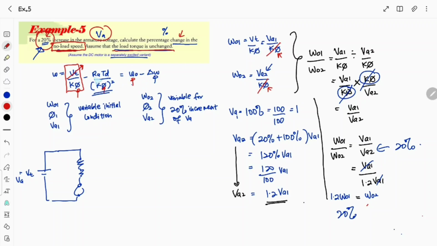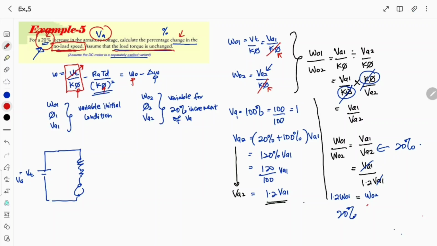So when this 20% increment of armature voltage is applied, it only affects the no load speed. When we add 20% on the VA2, the armature voltage, we can expect that the no load speed will also increase by 20%.